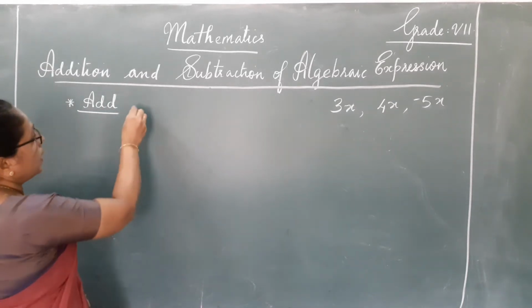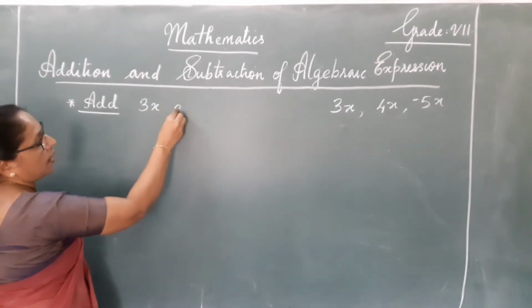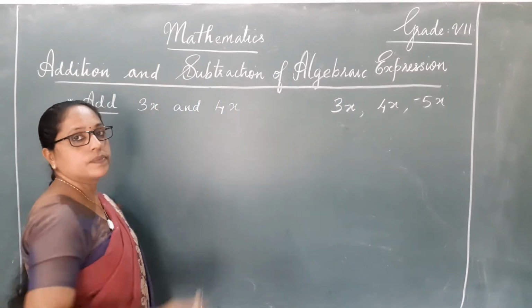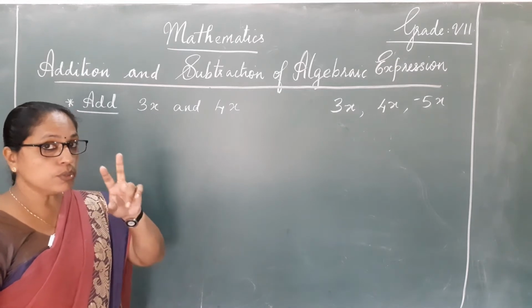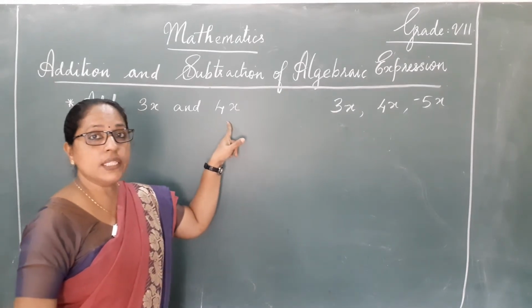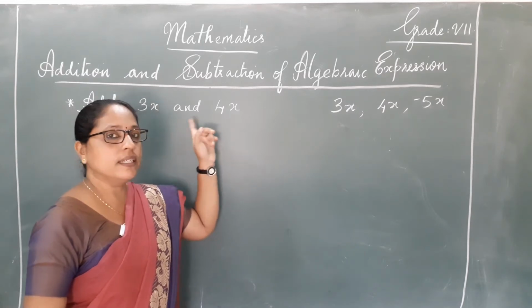Add 3x and 4x. I have given two algebraic expressions, 3x and 4x. Look at the expressions.